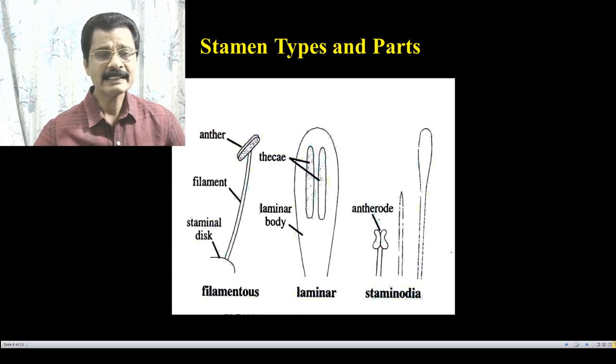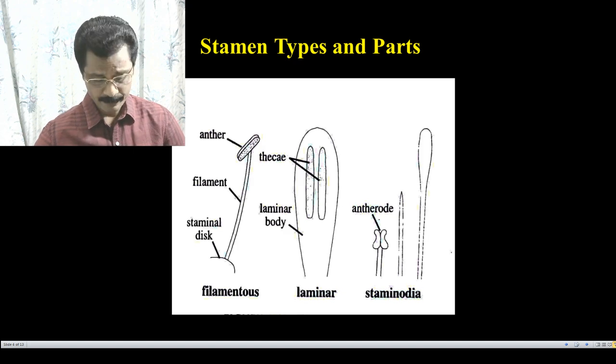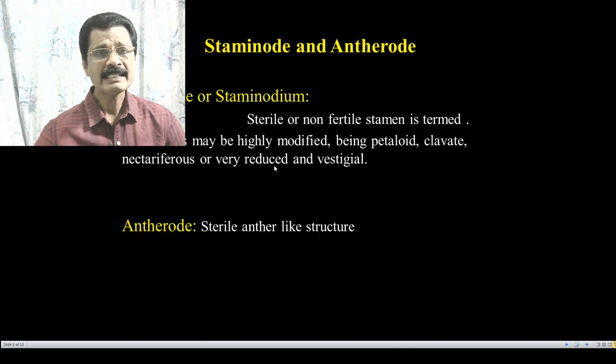And you can see staminodes or staminodium is also there. Staminodium, otherwise called staminode, is a sterile or non-fertile stamen. The staminodes may be highly modified. In some cases, you can see petaloid staminodes, clavate staminodes, nectariferous, or very reduced and vestigial staminodes.